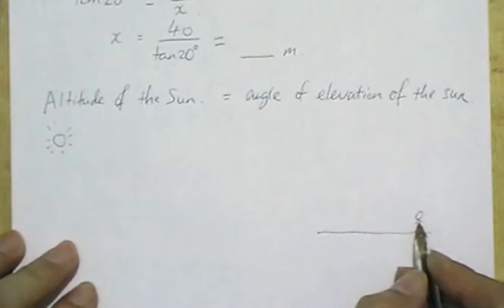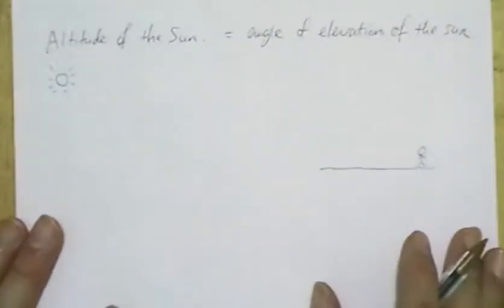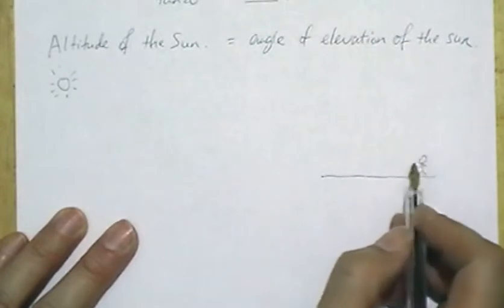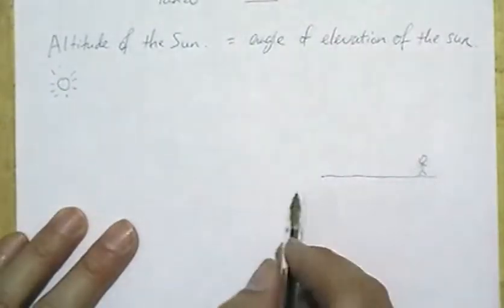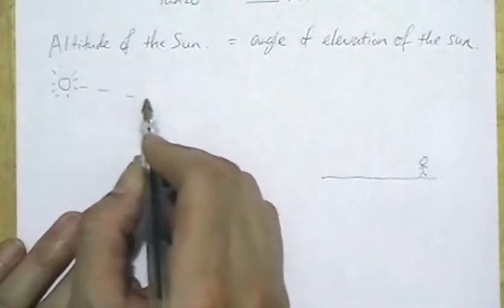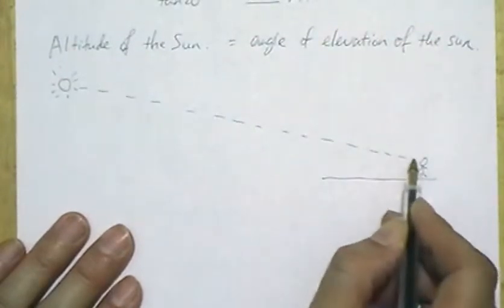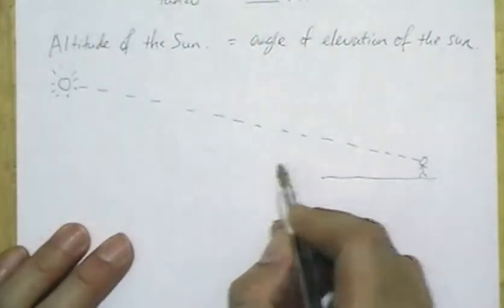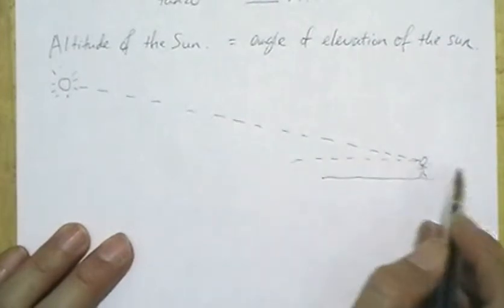For this person, the angle of elevation of the sun means that if the person looks at the sun, then that angle is the angle between the line joining the sun to his eyes and the horizontal line from his eyes.